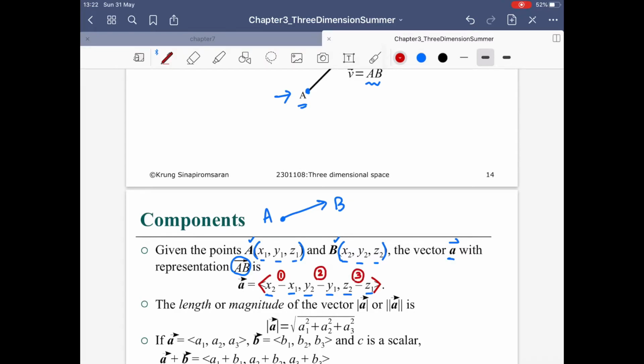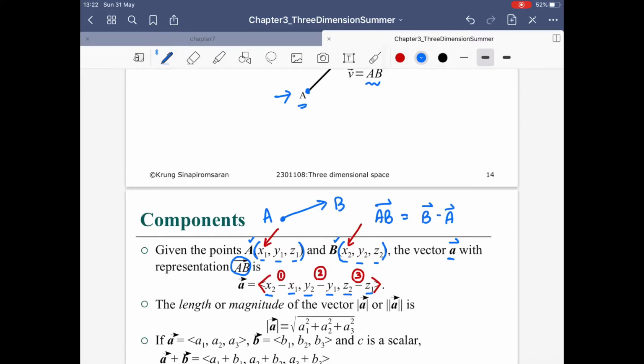It uses the coordinate components of the terminal point first, minus the ones of the initial point. You cannot switch. It has to be the terminal minus the initial, or as we learned, we can write AB as B minus A.